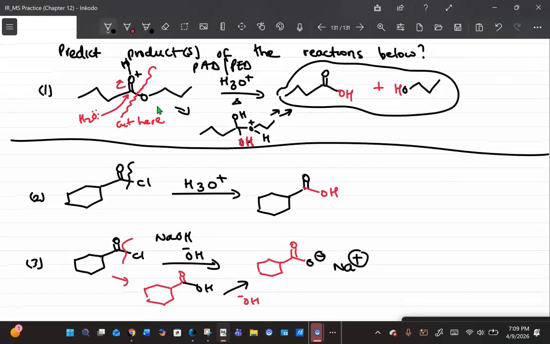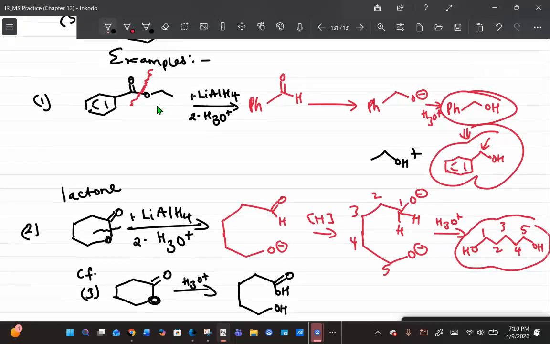You have two products for ester hydrolysis. I forgot to give you this example before, so I'm giving it to you. If you're doing ester hydrolysis of a lactone, don't put two products. It's the same molecule that has the carboxylic acid part and the alcohol part.